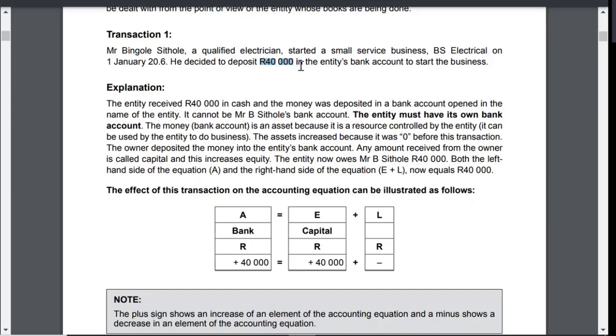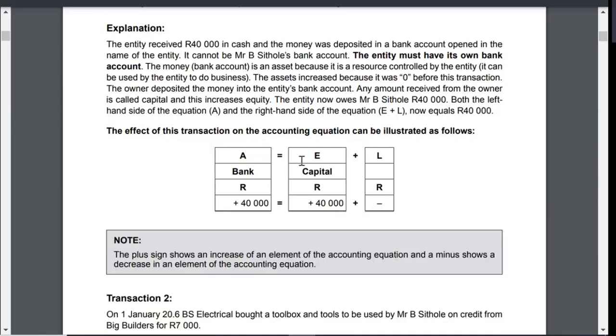Bank, because money is coming into the business bank account, which the owner deposited, and also the 40,000 is the capital that the owner contributed to the business. So this is how this will affect your accounting equation.